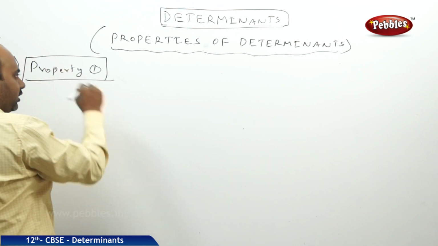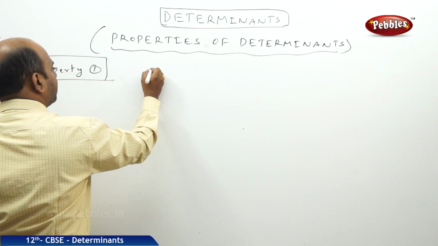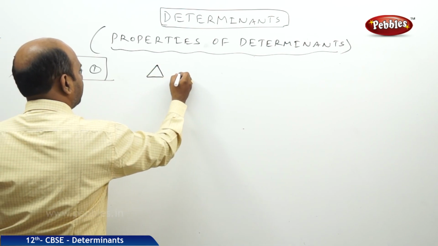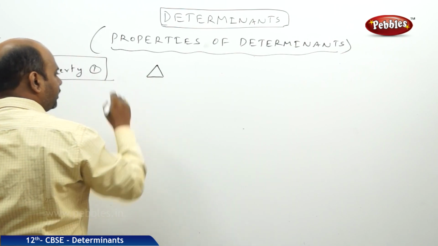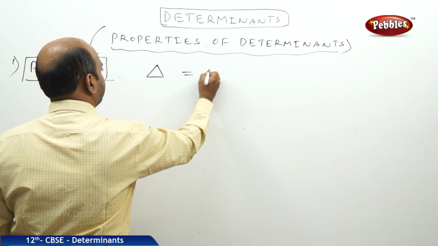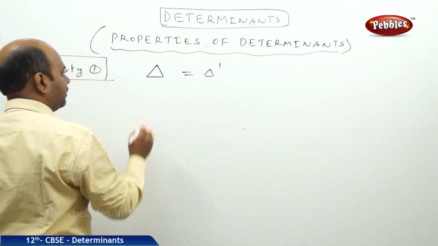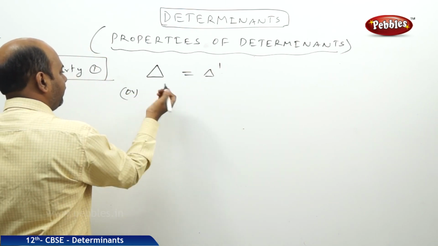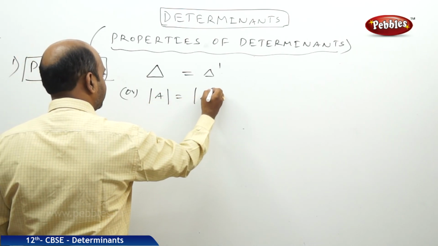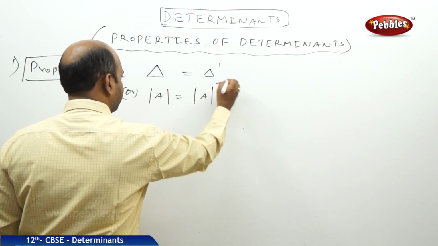What the first property says is, if the determinant is denoted by delta, then delta is equal to delta dash. Or if A is any matrix, then the determinant of A is equal to the determinant of its transpose.